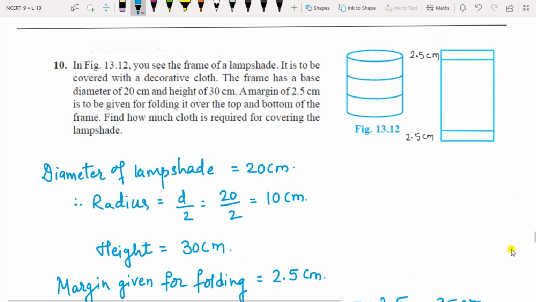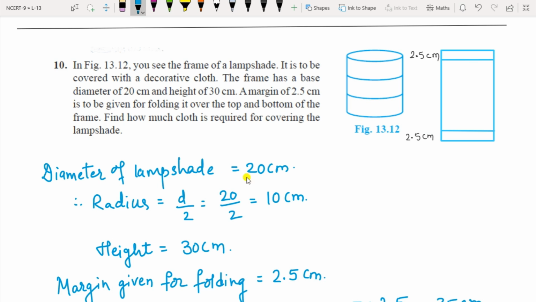The 10th question here is, this is a lampshade. It is to be covered with a decorative cloth. The frame has a base of diameter 20 centimeter and height of 30 centimeter, and a margin of 2.5 is to be given for folding from the top and the bottom of the frame. How much cloth is required for making the lampshade?